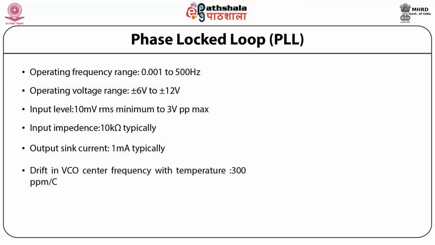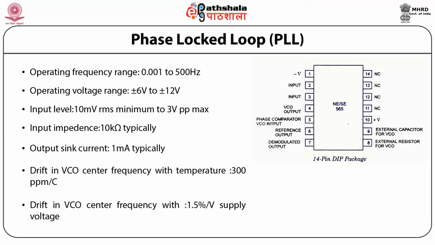Drift in VCO center frequency with temperature is 300 ppm per degree Celsius, and drift in VCO center frequency is 1.5% per supply voltage. The pinout diagram for this 14-pin 565 IC is shown here.